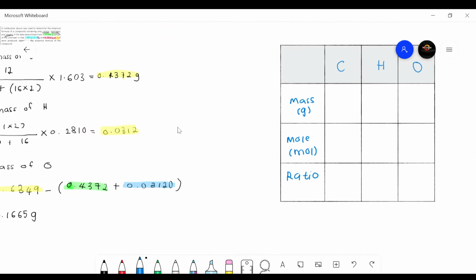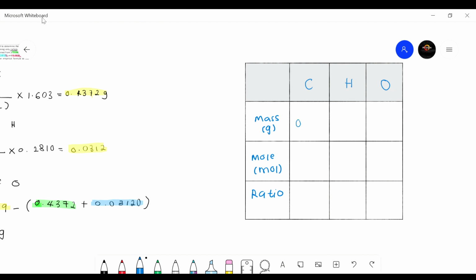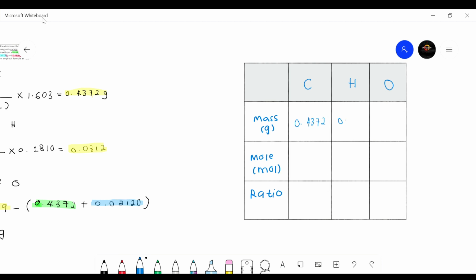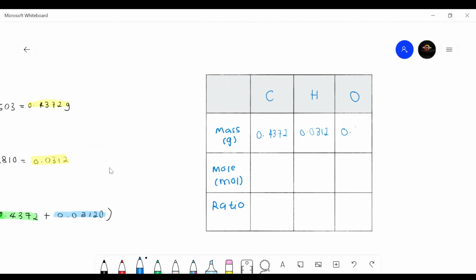The mass of carbon is 0.4372, the mass of hydrogen is 0.0312, and the mass of oxygen is 0.1665 gram.